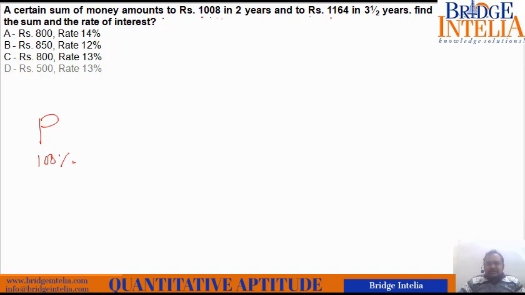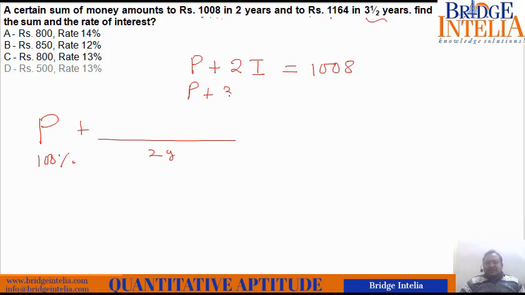In 2 years, it amounts to 1008. So fine. So P plus 2 years of interest, 2i, is equal to this much. And in 3.5 years, that means P plus 3.5 years of interest is equal to 1164.